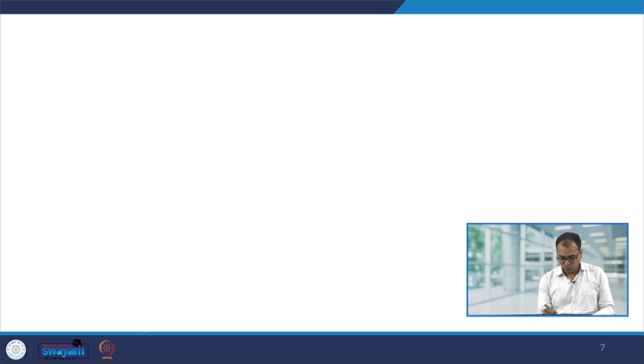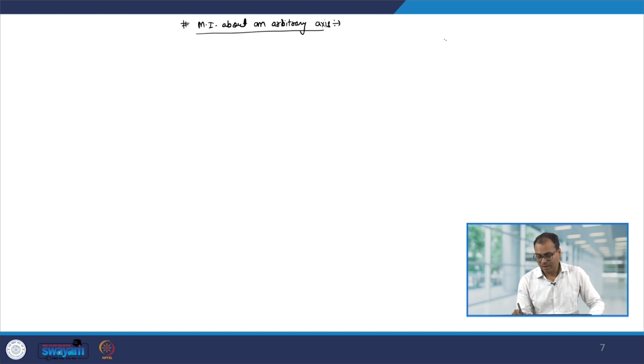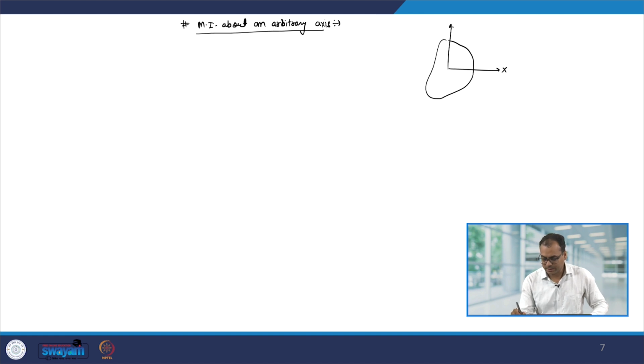Then we look at the moment of inertia of the rigid body about an arbitrary axis. Let us say I have a rigid body, and we have the x, y and z axes, and I want to calculate the moment of inertia about, let us say, OL.